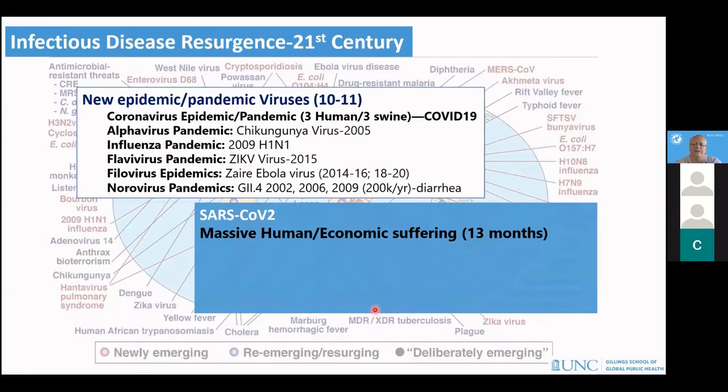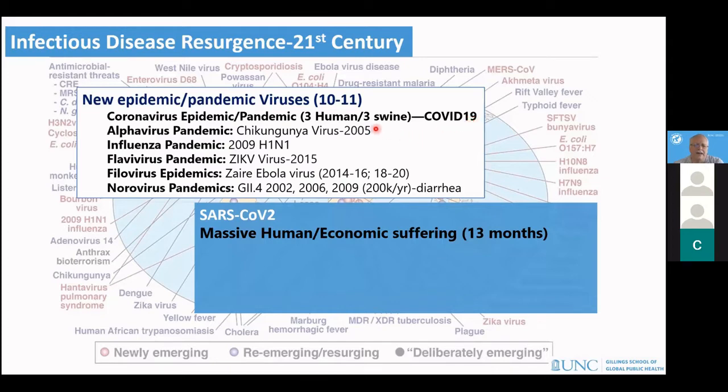So if you look in the 21st century, there's been a fair number of outbreak, epidemic, and pandemic viruses, somewhere between 10 and 12, that have emerged in human populations. This includes 3 coronavirus outbreak, epidemic, or pandemic strains, including SARS coronavirus of 2003, MERS coronavirus of 2012, and now SARS coronavirus 2, the cause of COVID-19 in 2019, 2020.